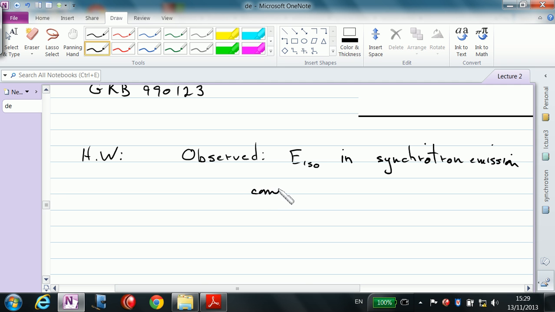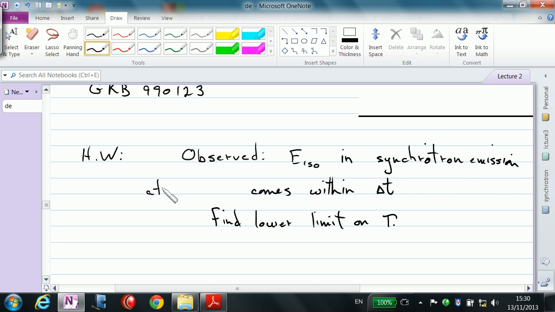And it comes within delta t, which could be as low as 30 seconds, or even 1 second. Find a lower limit on gamma, and there's one more thing.